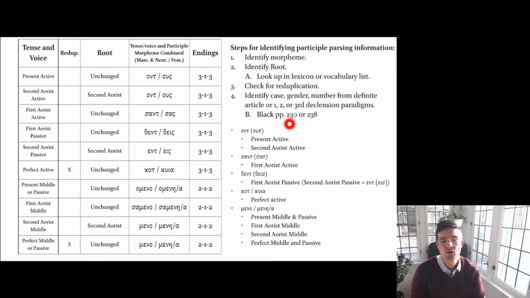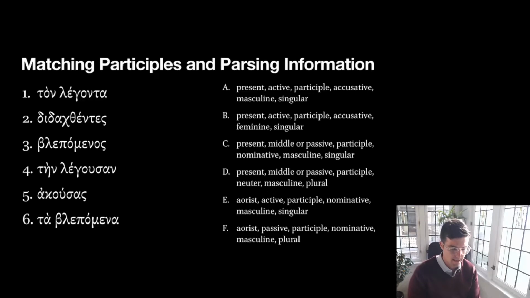Page 230 is the definite article paradigm. Page 238 is going to give you the basic endings for the first, second, and third declension, which will help you out with case, gender, and number for participles. And then down here, I've organized again based on the morpheme, which tense and voice goes with each morpheme here.